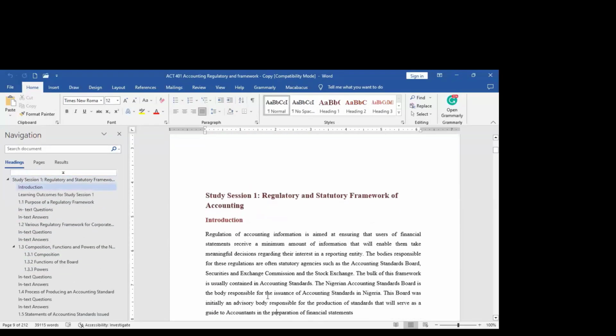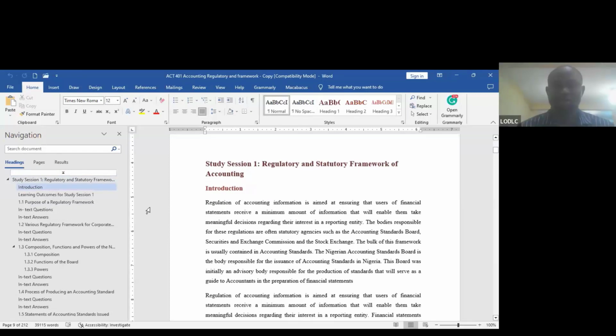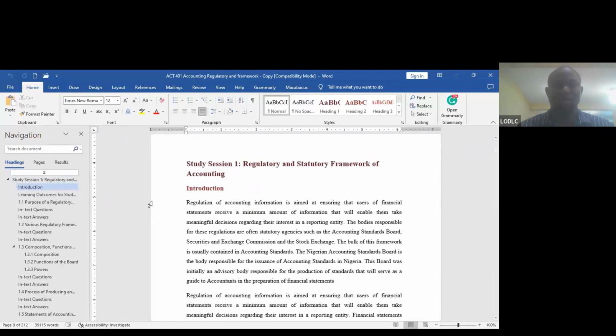Okay. This is SS12. So we are going to start from the first study session, which is regulatory and statutory framework of accounting. It will be a little bit different from what is inside this manual because, one, due to recent developments in accounting standards, there are so many new things that you need to understand as far as this course is concerned.